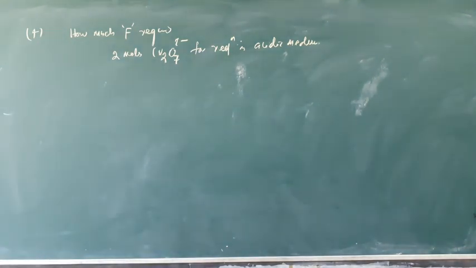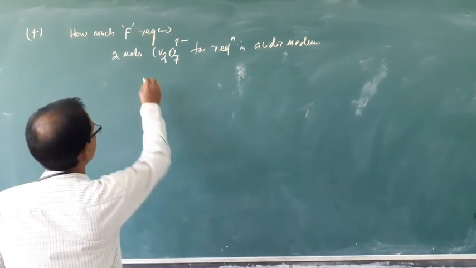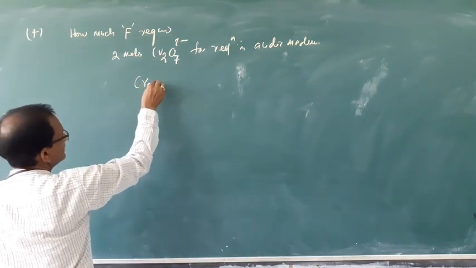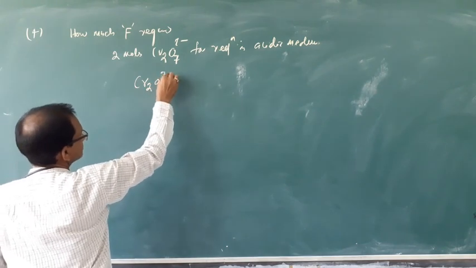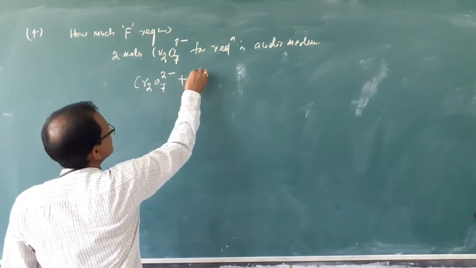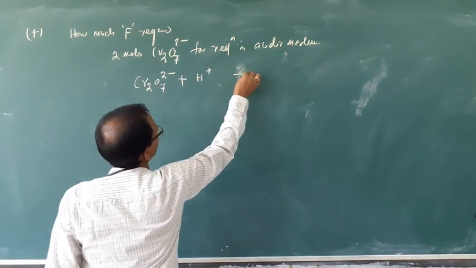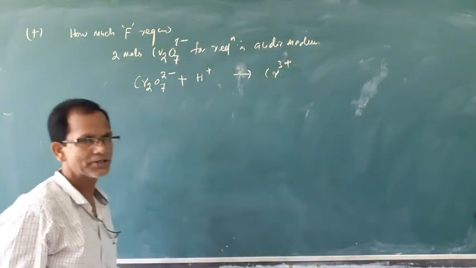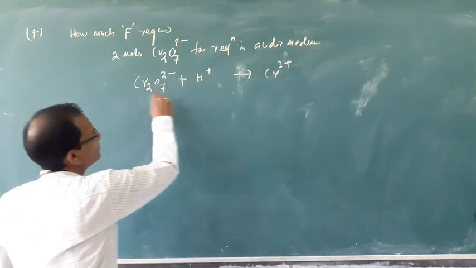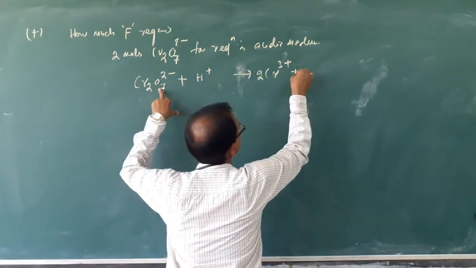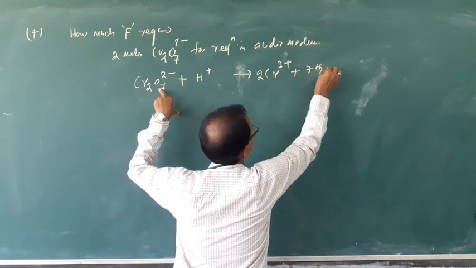For this type of question, we will write the general reaction. Dichromate ion in acidic medium is converted to chromium ion. You have to remember it like this: here 2 chromium, 7 oxygen, so you add 7 water.